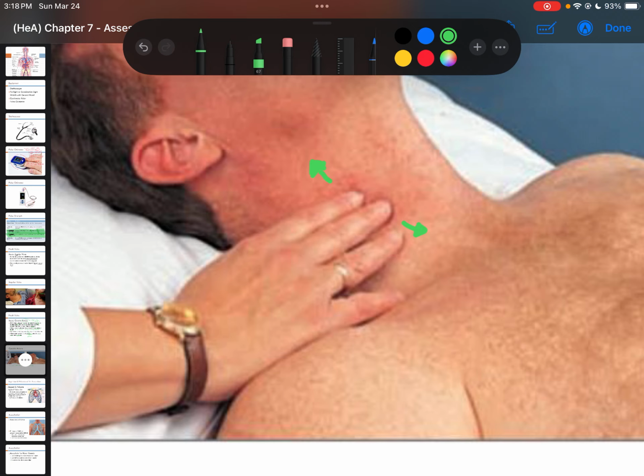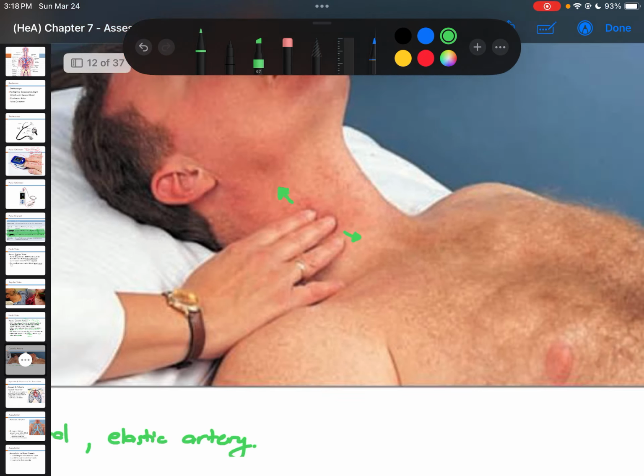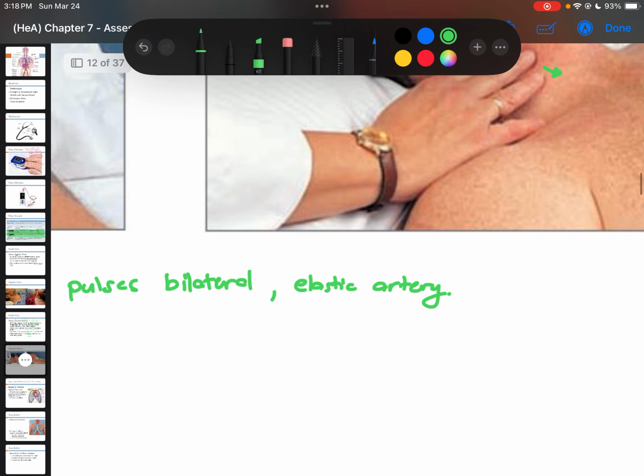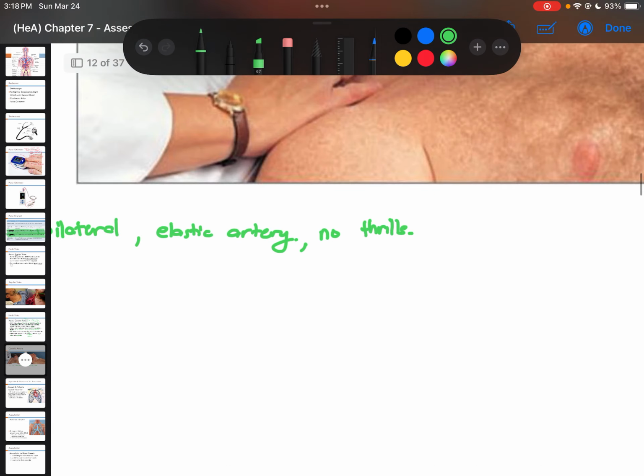If you are relatively thin, in the dorsal part of your hand you can actually see the veins. You can try holding your veins and moving them around. It is very elastic. And lastly, there should be no thrills, or no vibrations.